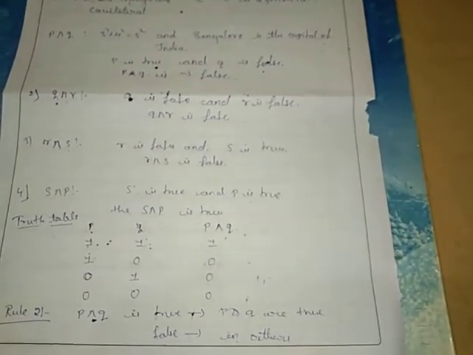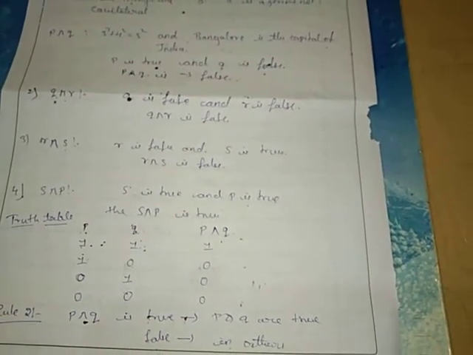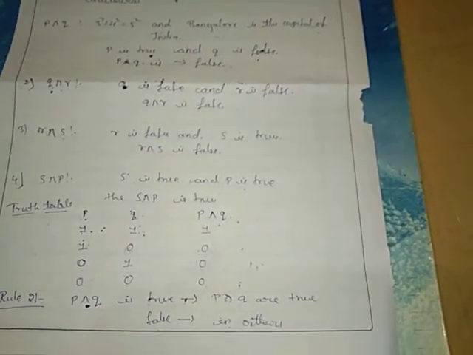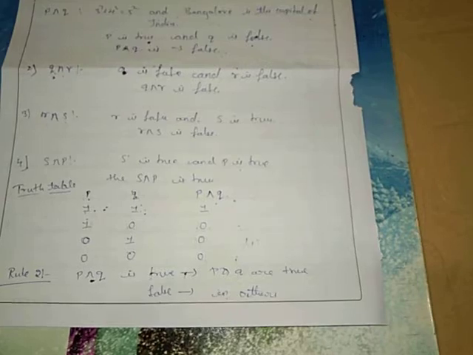So next we are moving to the disjunction. In today's class we have discussed what is the meaning of compound proposition, what is the truth table, what is the negation, and what is the conjunction. So once again I am just recalling: a compound proposition is obtained by adding connectives.